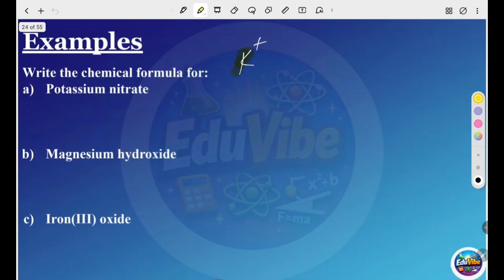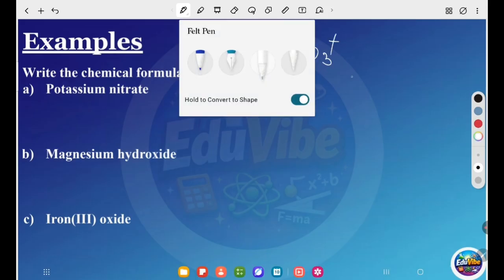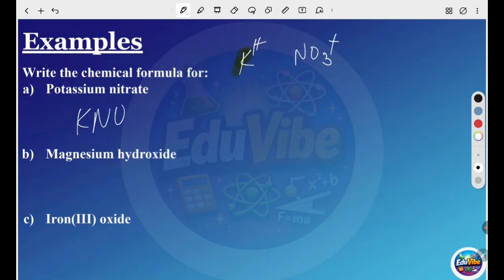So our nitrate is NO3 negative. This has one positive charge, this one negative, so they both cancel out, and we get only KNO3, which is potassium nitrate.